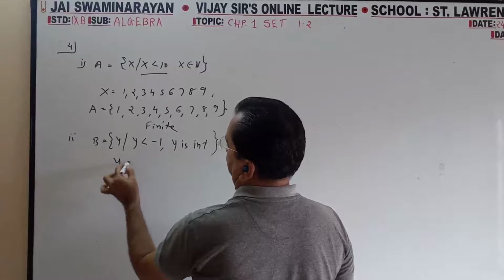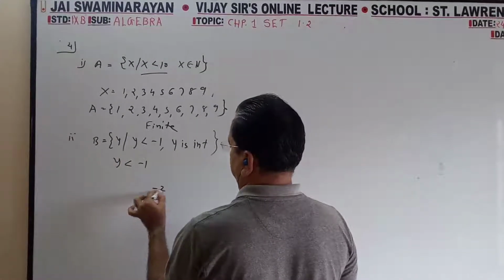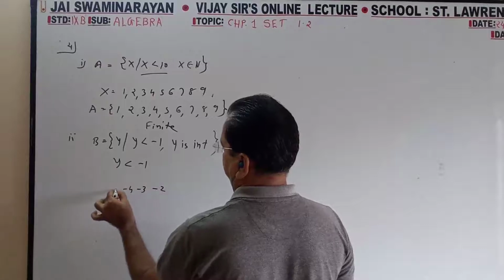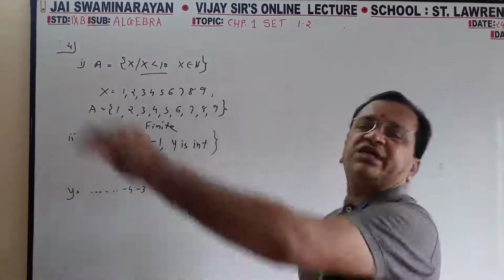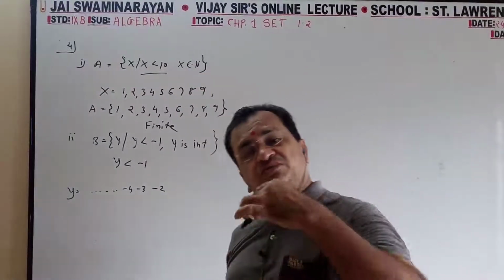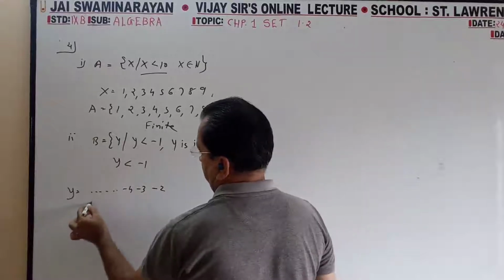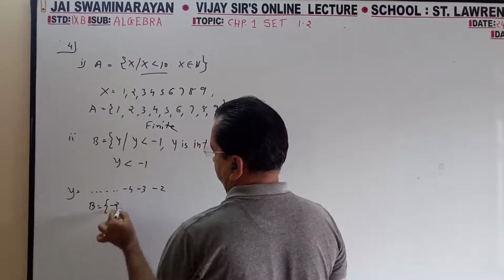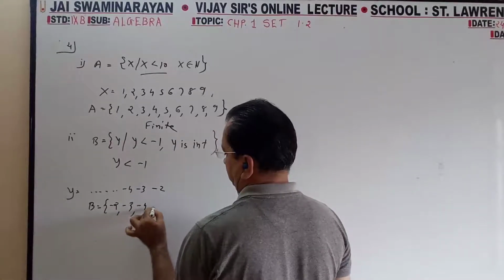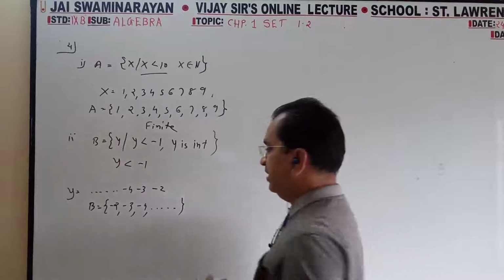So y less than -1, so -2, -3, -4, and so on. On one side it is infinite, all values less than -1: -2, -3, and so on. So B, on this side also you can write -2, -3, -4, and so on, not countable, an infinite number.